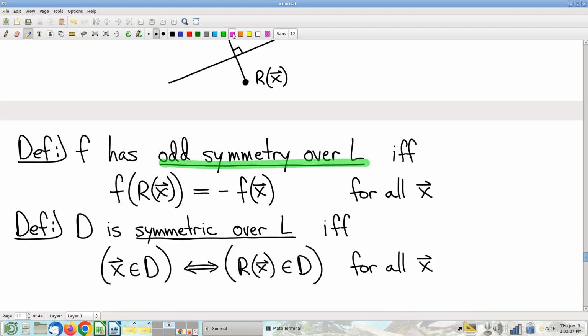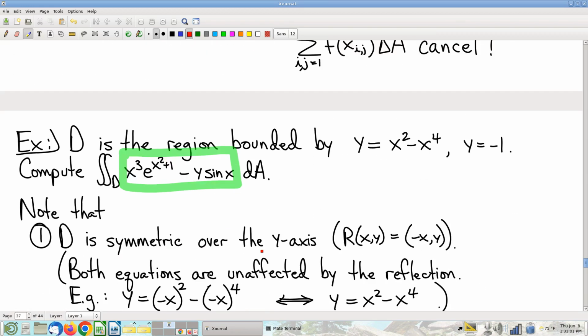I'm going to have to take my reflection and plug it into F. Crank out and confirm that I actually do get this minus sign. Right? So you're going to literally plug in the reflection, do the necessary algebra, confirm you get a minus sign. Is that okay? Yeah. All right, so let's see that in action here.